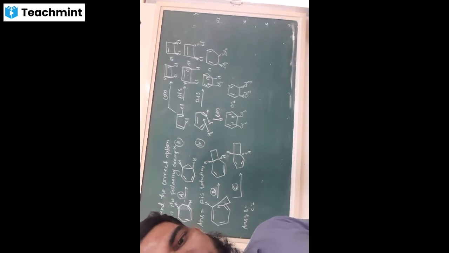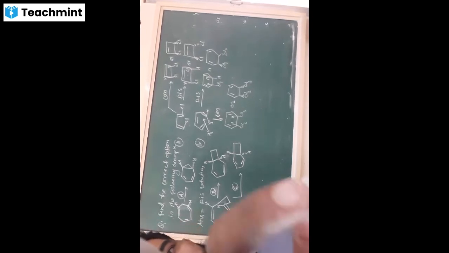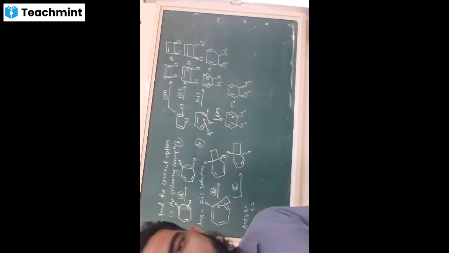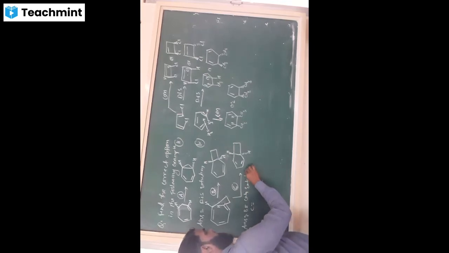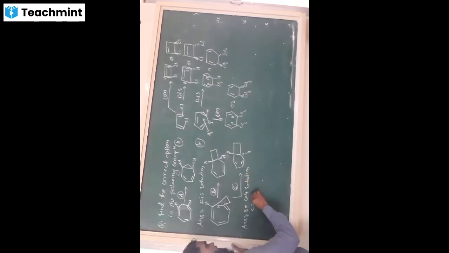Okay, Rohat is there. So everyone is giving answers, and that is very good. So B is nothing but con rotation. Con rotation takes place. And in case of C, this rotation.